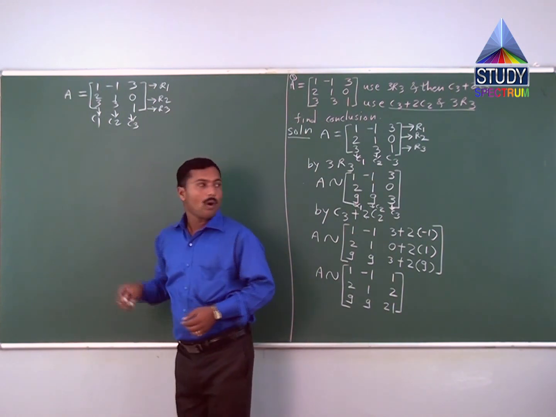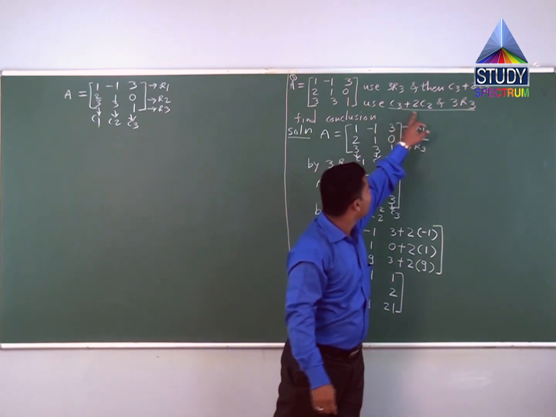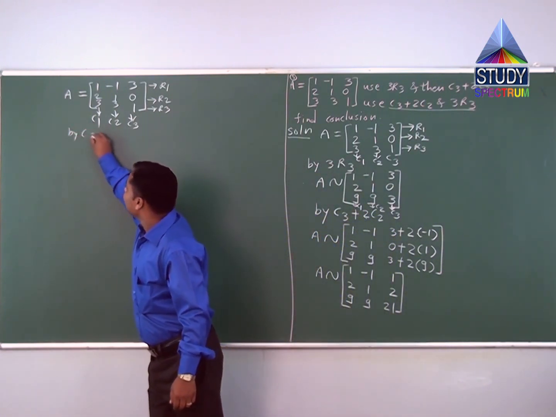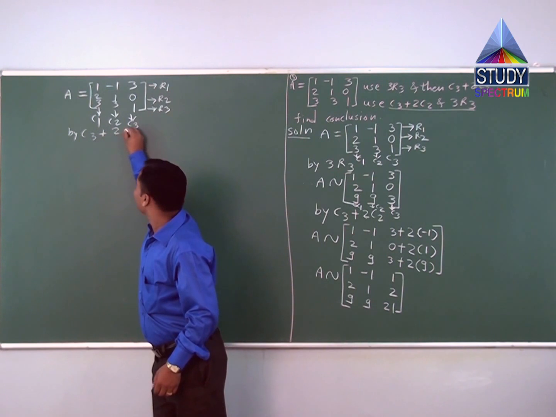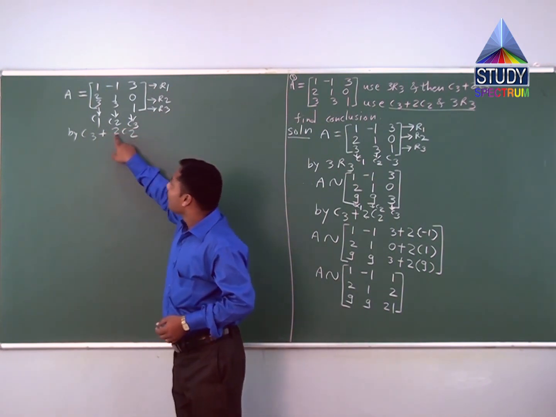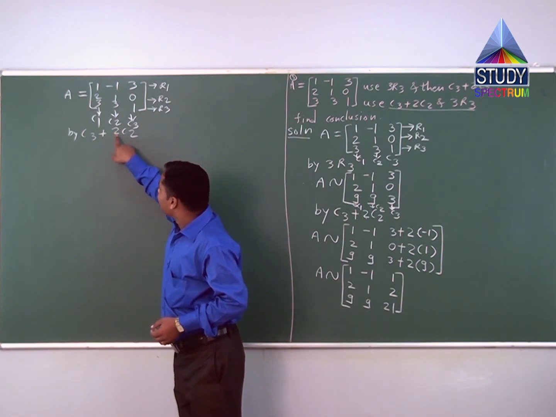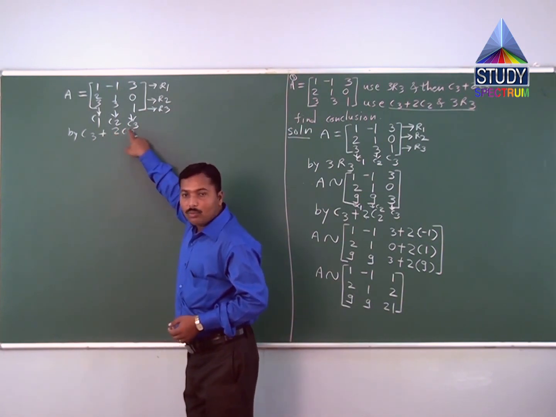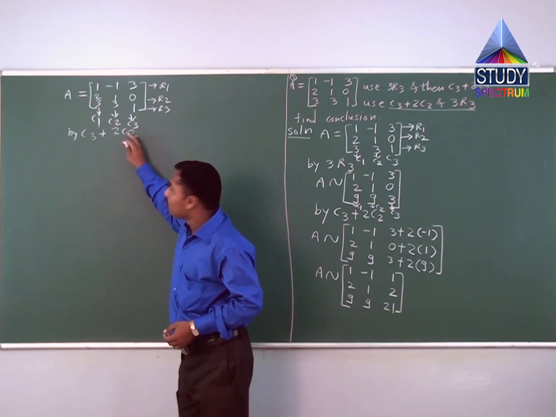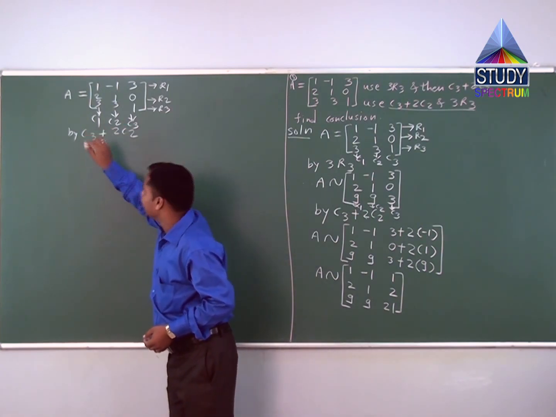So first we perform C3 plus 2C2. C3 plus 2C2 means multiply the numbers of column C2, the second column, by 2 and add them to the third column C3.